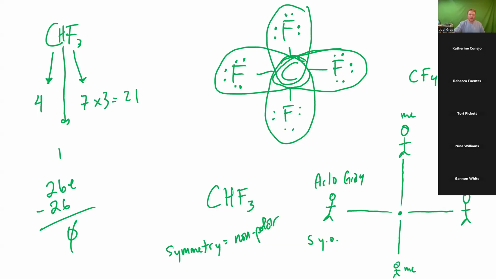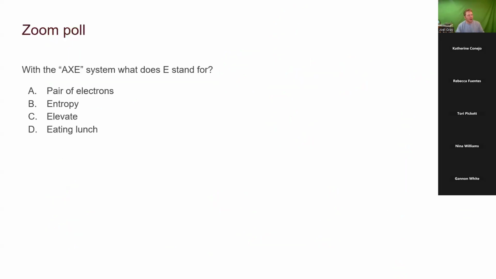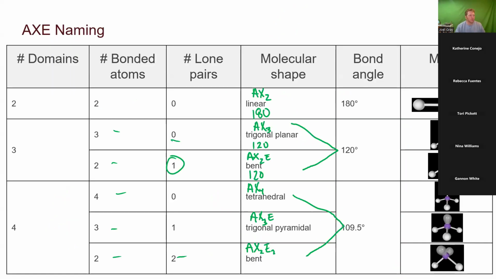Okay? When it comes to determining if a molecule is polar or nonpolar, we've got to look at that molecule, which is why we look at all this stuff right here. Tell me, is this going to make a polar or nonpolar molecule? Add an N for nonpolar or P for polar.